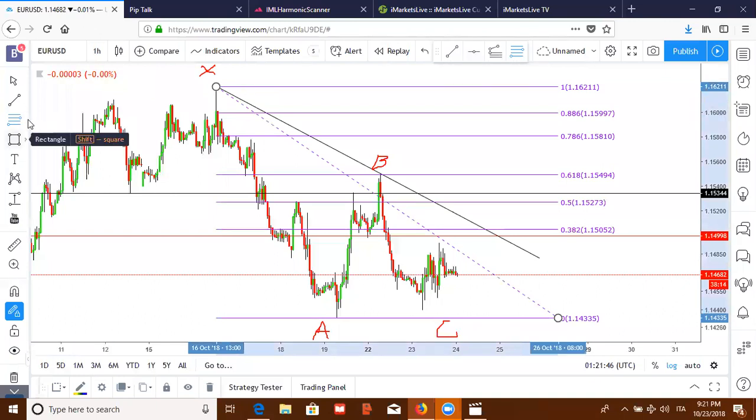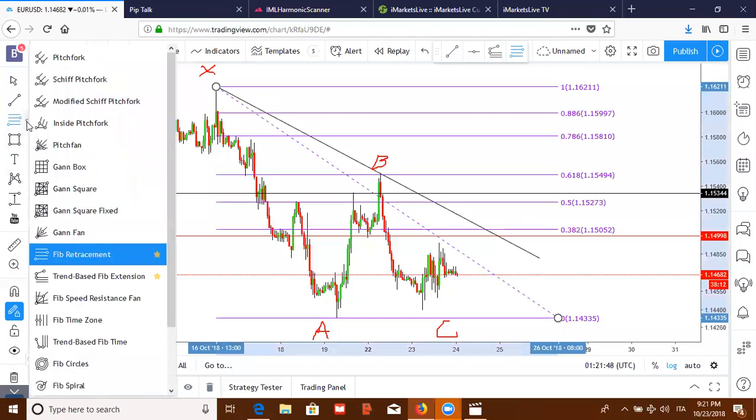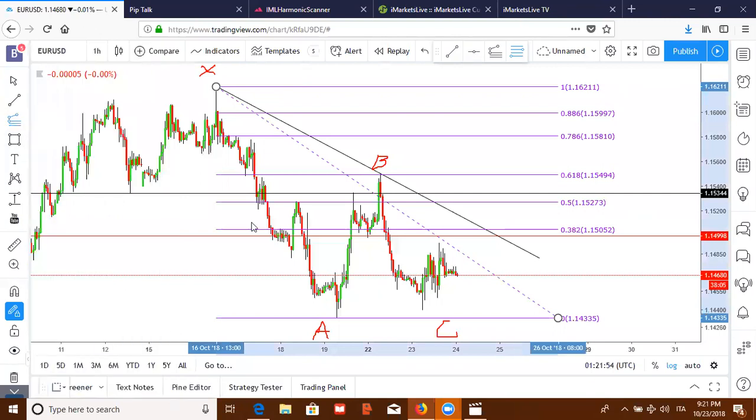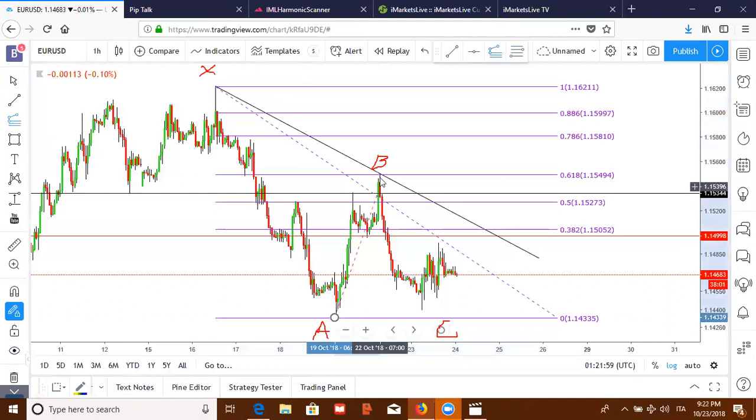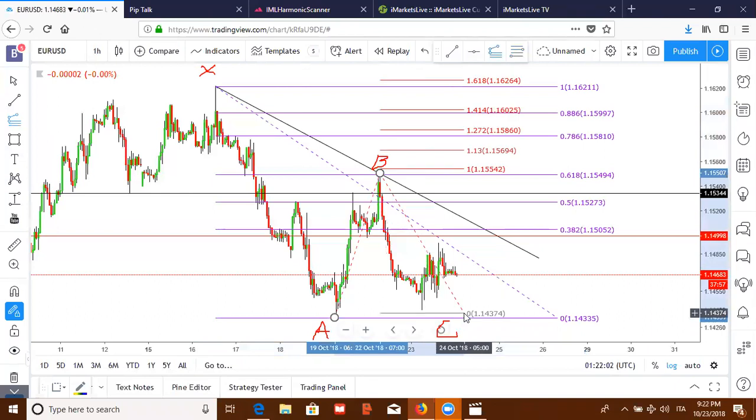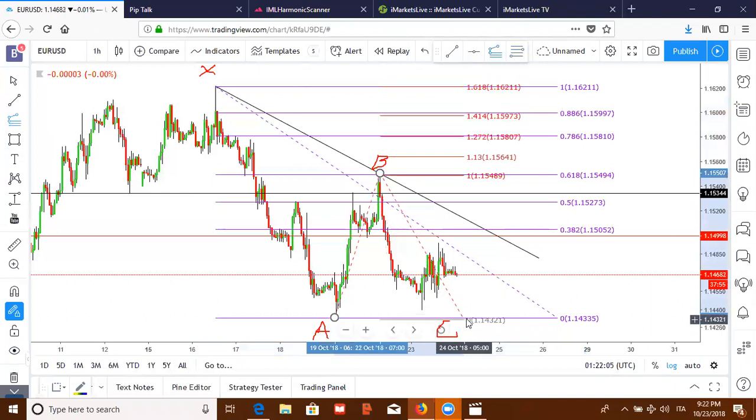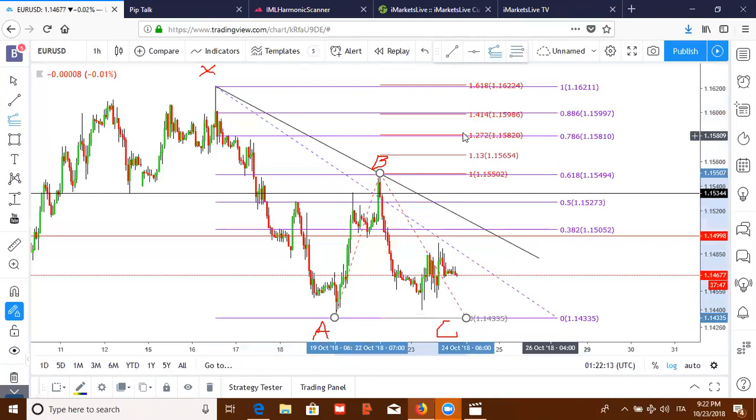You can grab your Fibonacci retracement and your trend-based fib extension. So let me grab that extension, and I'm going to take it from A to B, all the way back down to A, and it lines up with that 1272 level. The 786 lines up with the 1272 level, and this is what this harmonic pattern looks like.